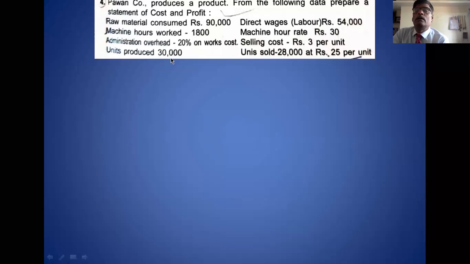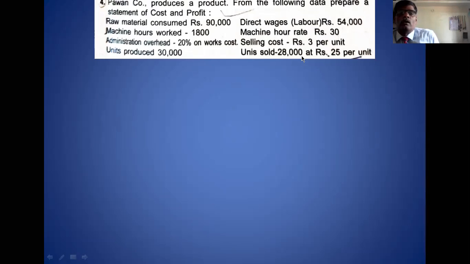Here is the point. You have to take sincere steps. Units produced 30,000, units sold 28,000. What does it mean? You produced 30,000 units in the given period of time, and units sold is 28,000 in that period at the rate of rupees 25 per unit.